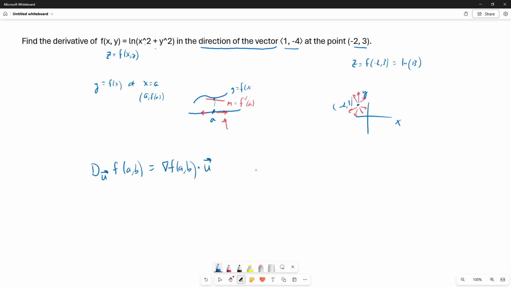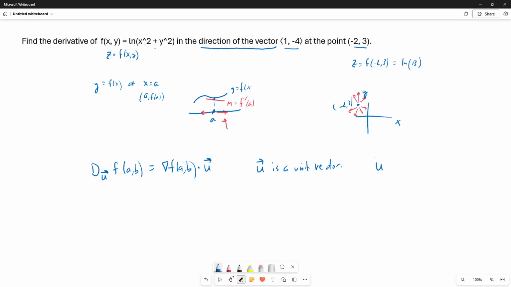It's important here that the vector u is a unit vector. When they tell us the direction of this vector, it has both a magnitude and a direction, and we're only interested in the direction, so we should normalize the vector, turn it into a unit vector.